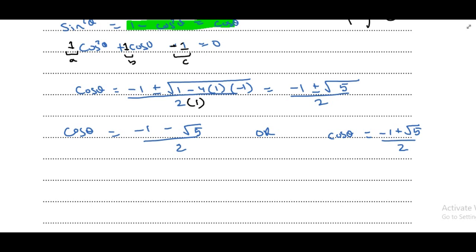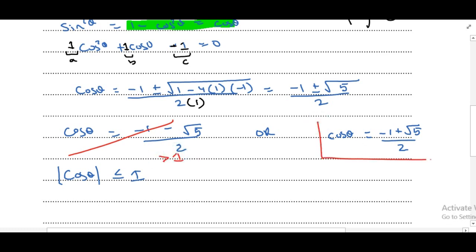Now if I calculate it, since we know that the range of cos theta is less than or equal to 1, this got neglected because this thing doesn't hold, this is greater than 1. We are left with this root only.